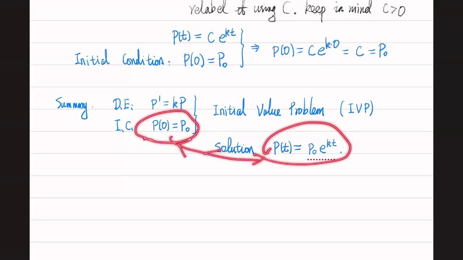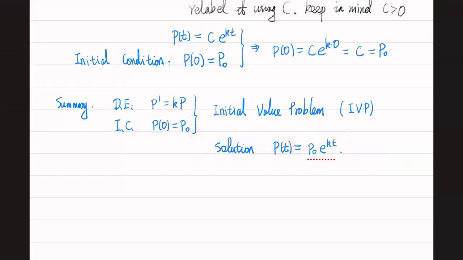Sophia, how do you verify this? That this function satisfies this condition. You plug in 0. What do you get? You get P0. P0, okay, so it satisfies the condition.